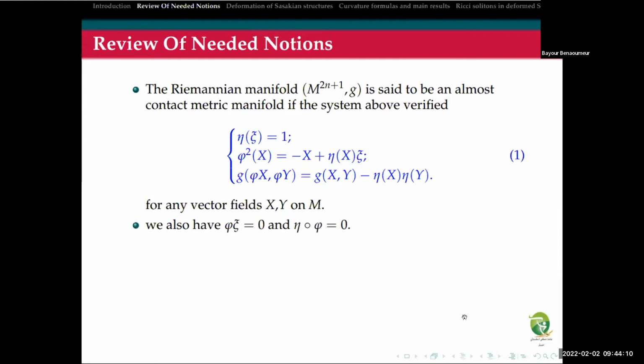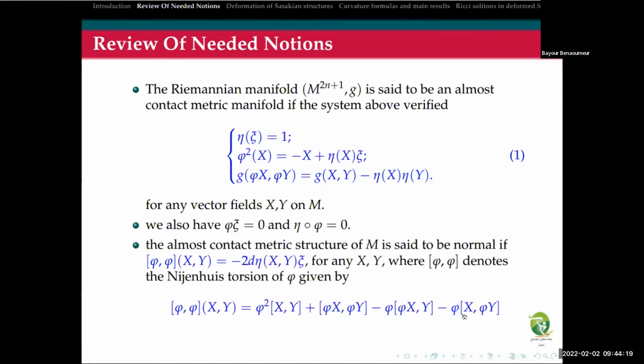We also have phi xi equals 0 and eta composed with phi bar equals 0. The almost contact metric structure of manifold M is said to be normal if the Nijenhuis torsion of phi bar equals minus 2 d eta tensor xi, where the bracket denotes the Nijenhuis torsion of phi bar.